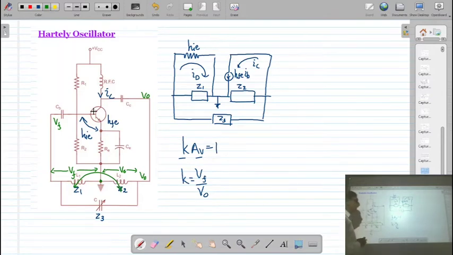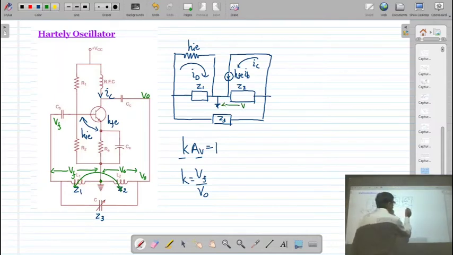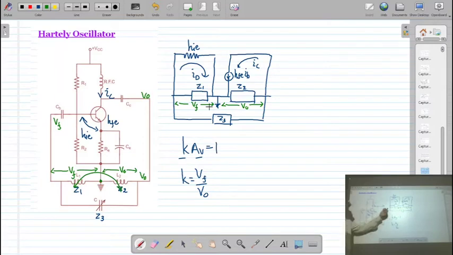So if you look at the equivalent circuit, this is the output voltage and this one is the feedback voltage. The output voltage is across L2, meaning Z2, and the feedback voltage is across Z1. So if you calculate this VF by VO ratio, you can calculate the feedback factor. Correct? Now let us see how to calculate this.